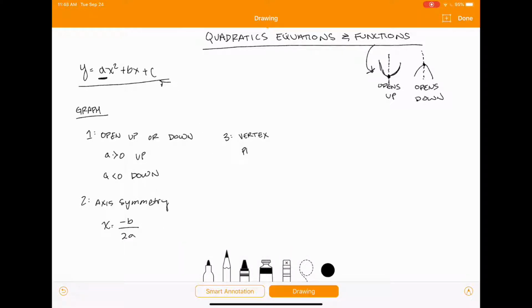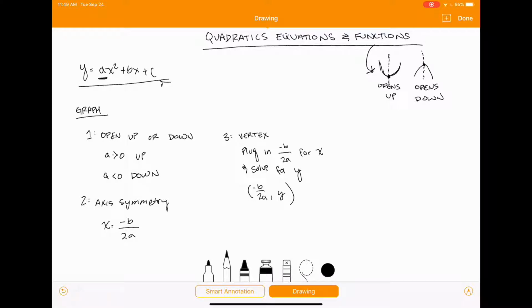So plug in opposite of b over 2a for x and solve for y. So you'll end up with your vertex being a point opposite of b over 2a and whatever y you come up with.